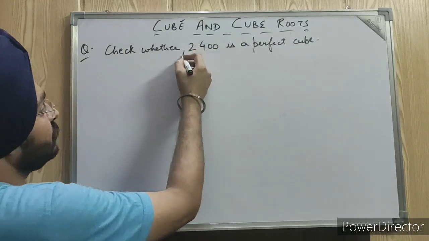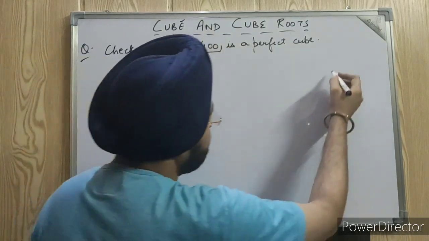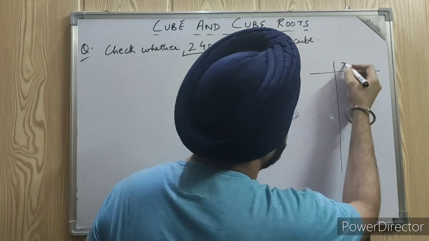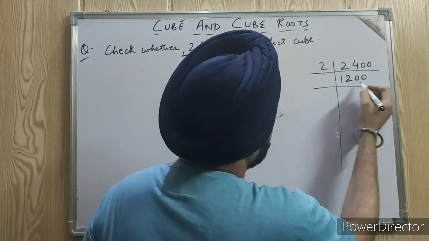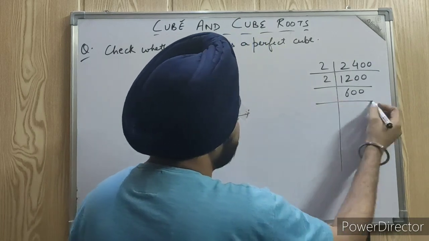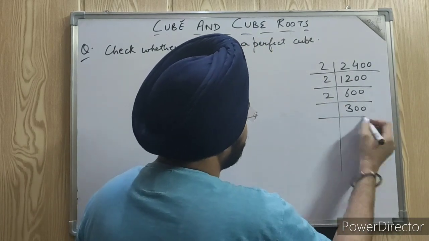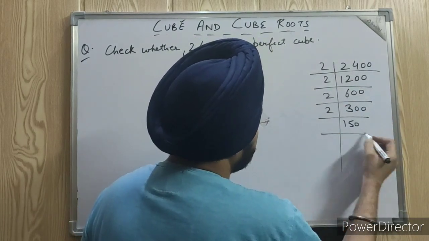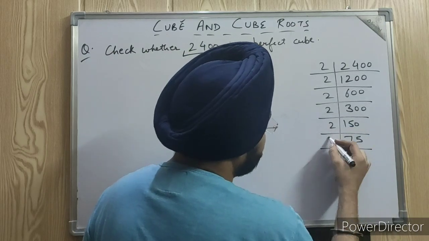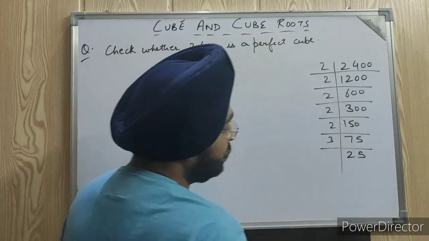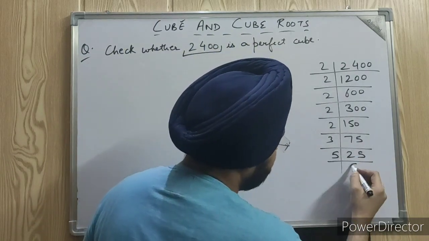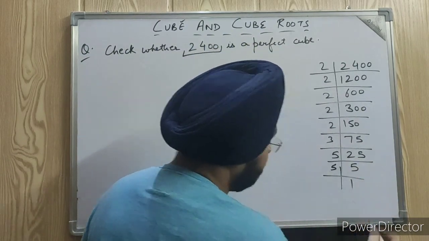So firstly you have to do the prime factorization of 2400. Okay, I am doing the prime factorization of 2400. So 2 into 1200, 2 into 600, 2 into 300, 2 into 150, again 2 into 75, 3 into 25, and 5 into 5, 5 into 1.